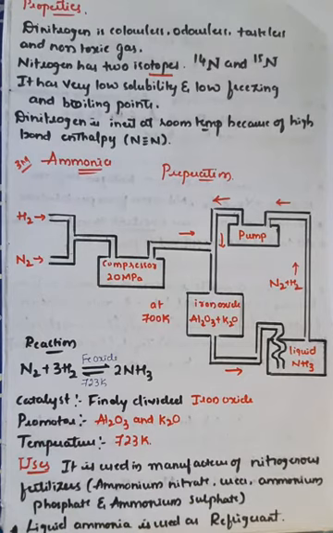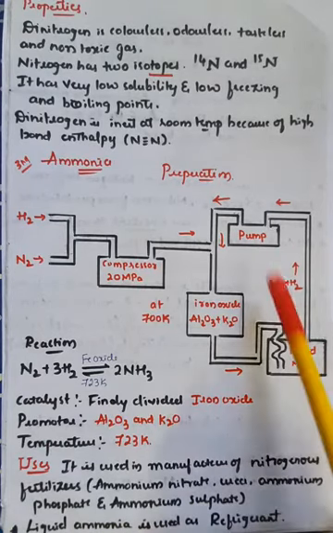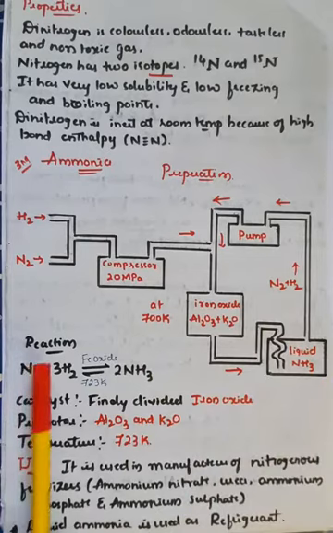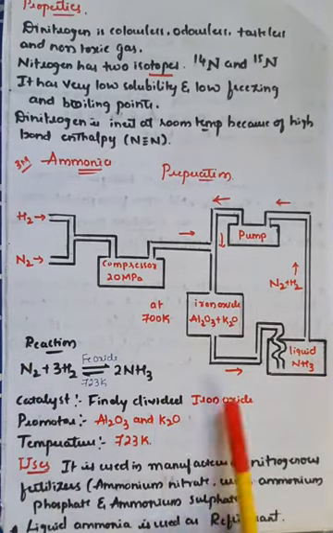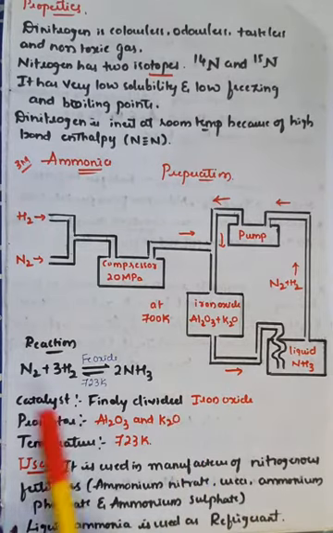So whenever they ask for 3 marks, you must draw this diagram and write this reaction as well as the conditions. The conditions for the reaction are the catalyst, iron oxide, and the promoters, which are chemical substances that increase the activity of the catalyst. Those are aluminum oxide and potassium oxide, and the temperature is 723 Kelvin.